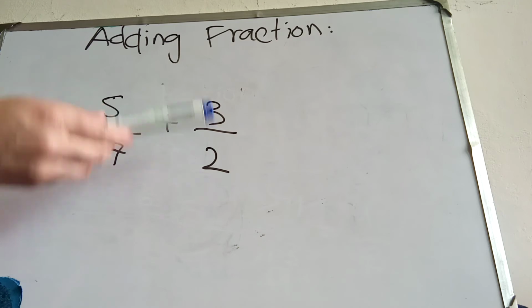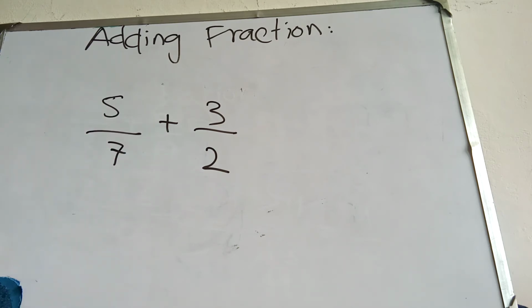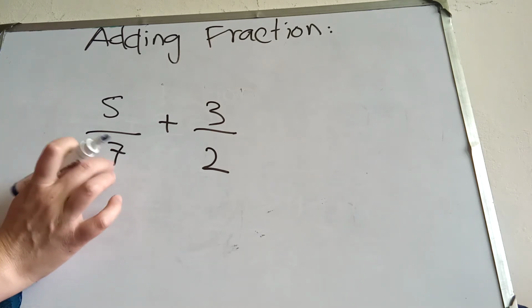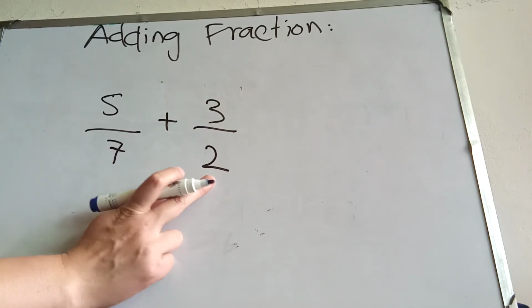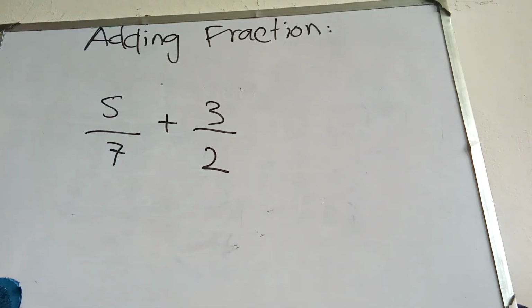Now here, this greater number is not divisible by this one. So the second rule will fail here.